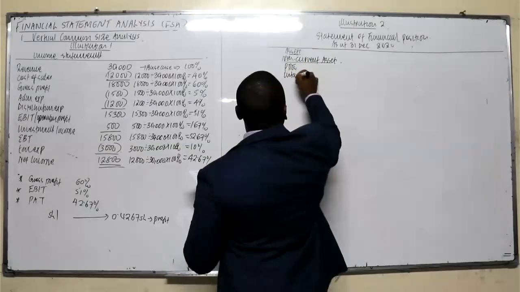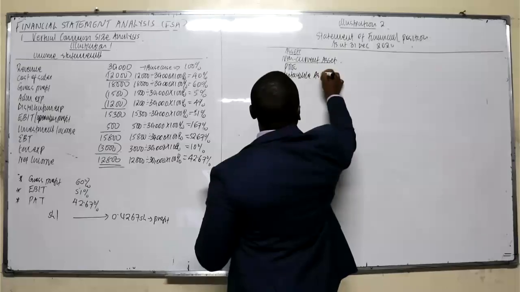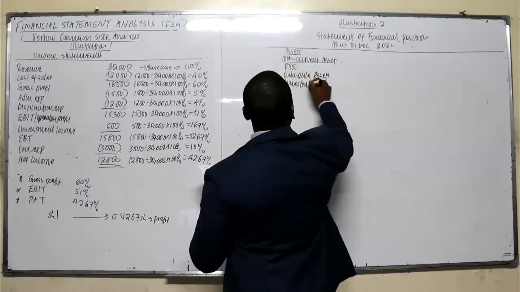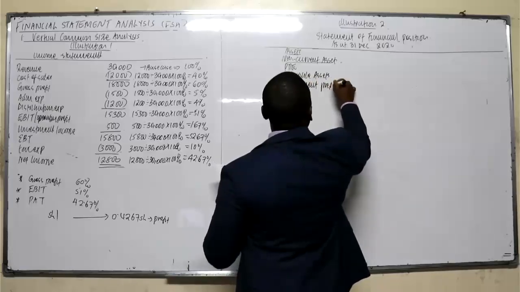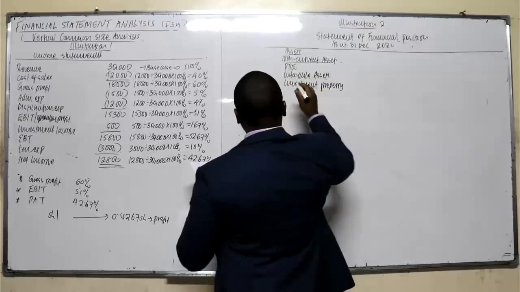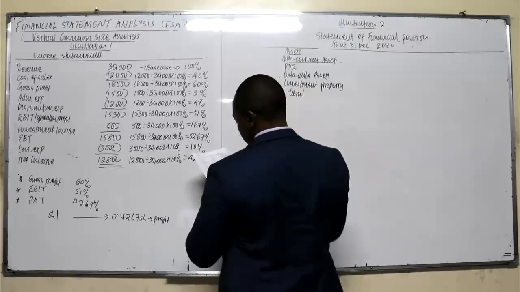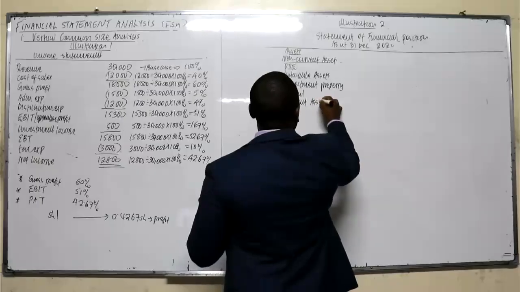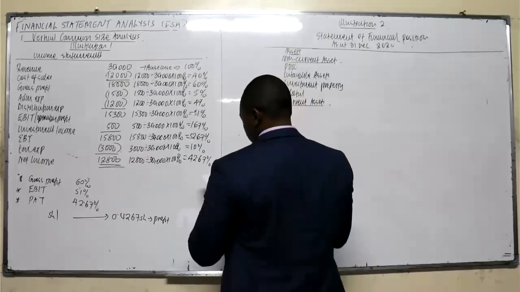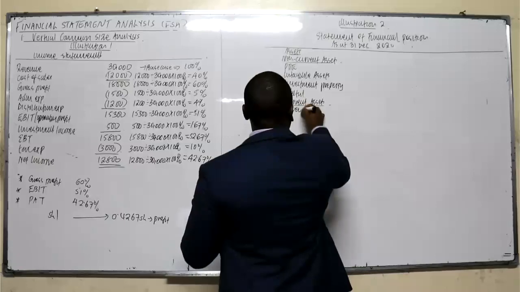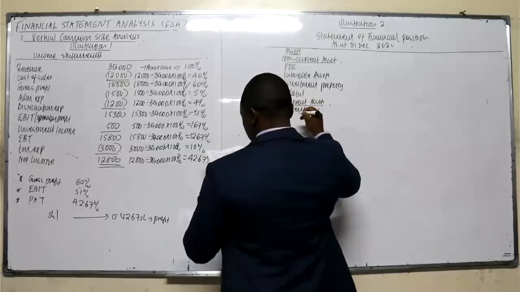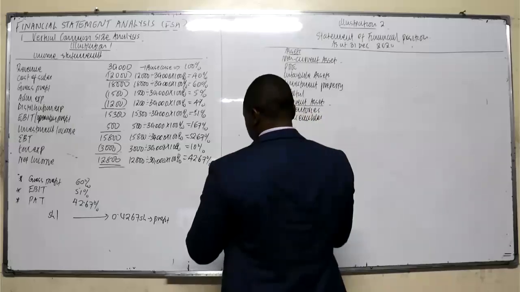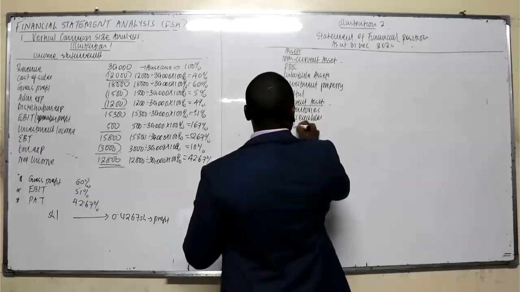We have the intangible assets. We have investment property. Then we get the total. Then we have the current assets: the inventories, trade receivables, then cash at bank.